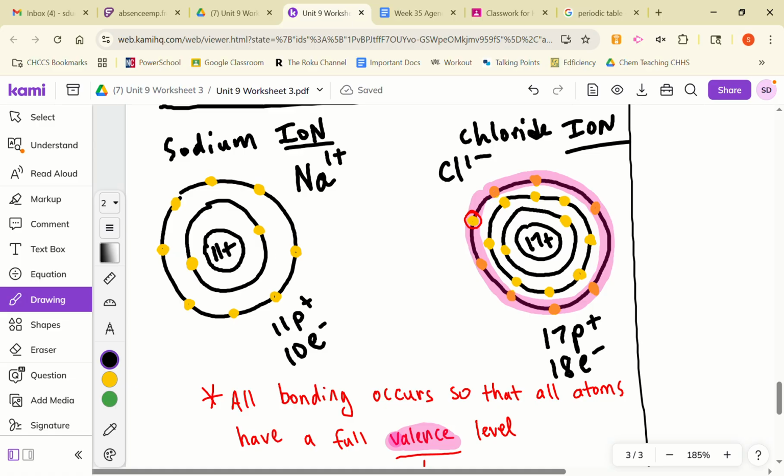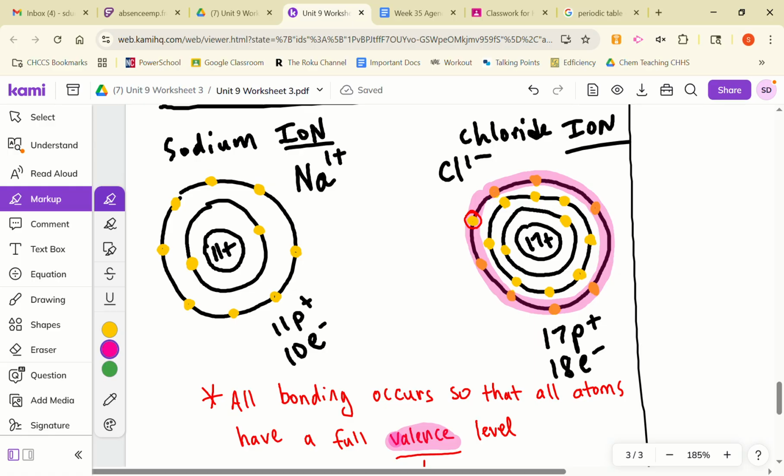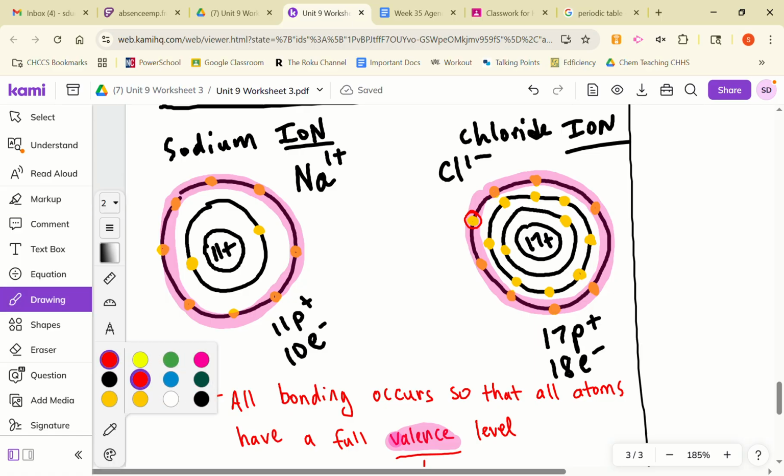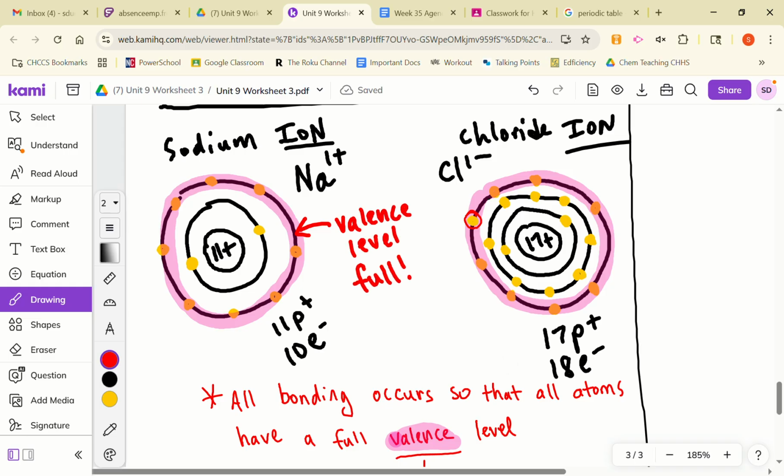Well, what was the positive thing about creating ions? Now the outermost valence level for sodium has 8 electrons and is totally filled. So let's write that down. The valence level is full for sodium, and it's also full for the chloride ion.